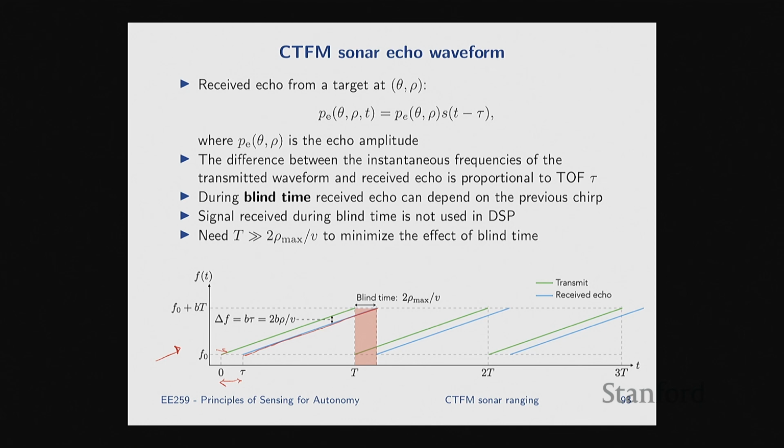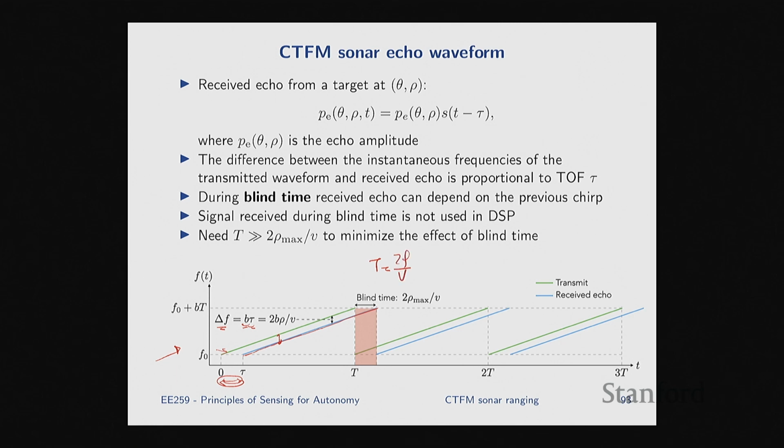So here, there's this very interesting relationship between your transmitted pulse and the echo that you receive, which is if you compare the instantaneous frequency of the two, it's going to be constant, right? This delta F here, as we call it, is constant between the two, and it's equal to the slew rate b times the round trip time of flight tau. And we know tau is directly proportional to range, right? So we know the round trip delay is just 2 rho over v.